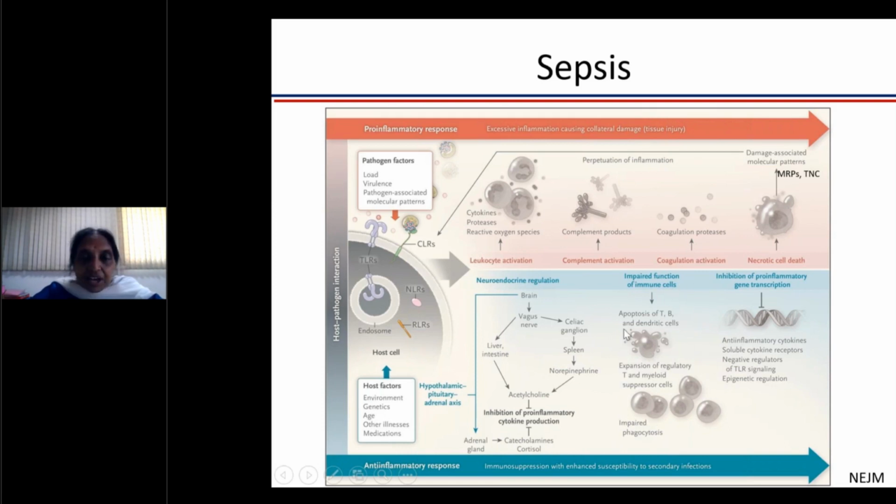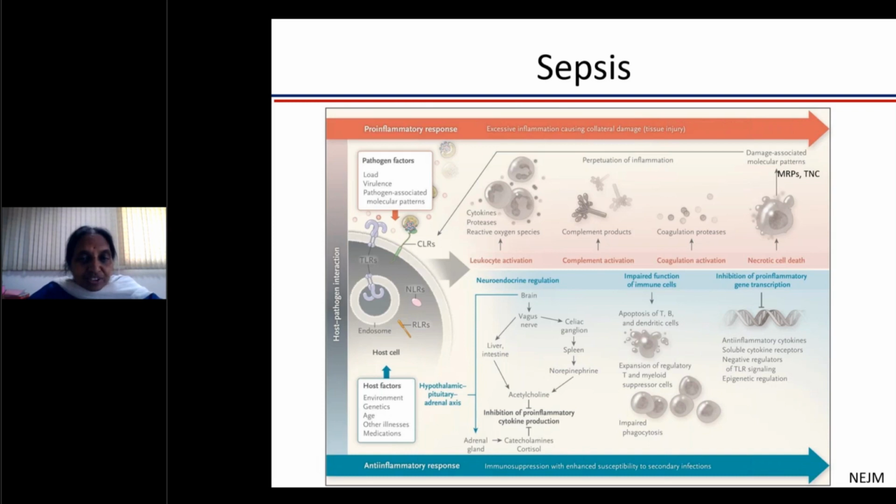Second, when there is death happening, there is death of other cells also. There is apoptosis of T cells, B cells, dendritic cells. So when this happens, there is impairment of function of other immune cells, which will cause basically a type of immune senescence. People have shown that patients who develop this systemic inflammatory response have actually a phenomenon of immune senescence.